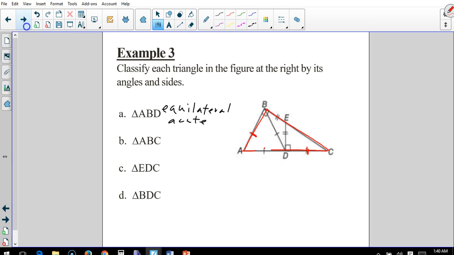And then this side is not marked, except up here. So we'll call that scalene. And notice we do have a right angle mark up here, so it's scalene right, or right scalene.